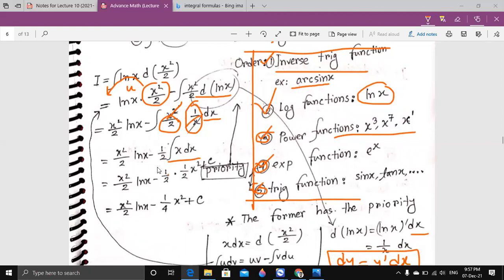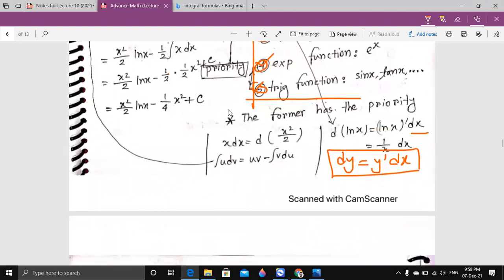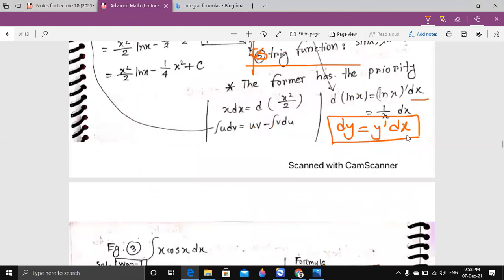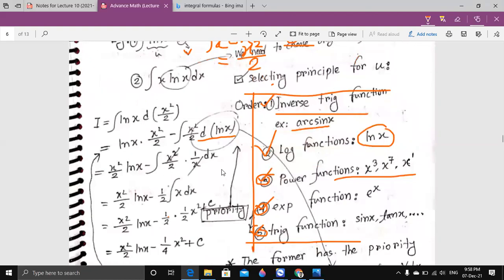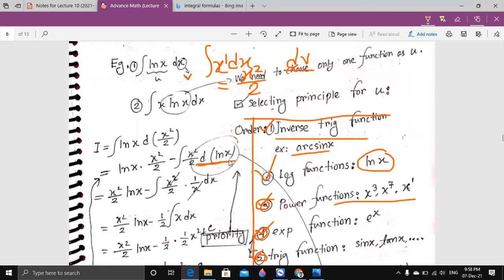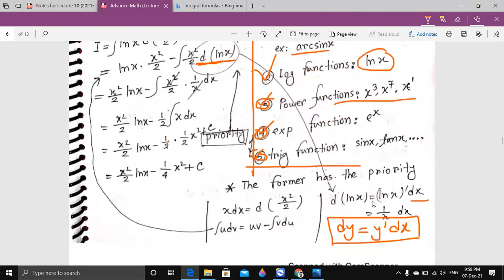So do you understand up until this? No. No? See here, d ln x. So we know a formula, dy is equal to y derivative dx. So we have here d ln x. So we can write down ln x derivative dx, right? From this formula. d ln x is equal to ln x derivative dx.